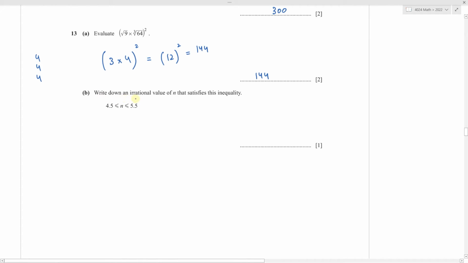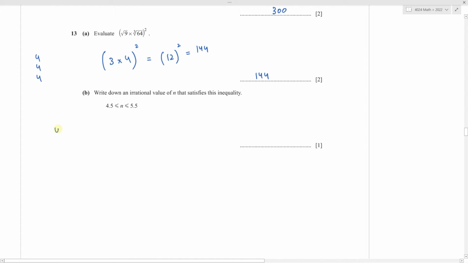Part B is write down an irrational value of n that satisfies this inequality. So an irrational number is a number that cannot be represented as a fraction. So usually we take numbers that are not perfect squares. If you take the square root, you get an irrational number. So your n lies between 4.5 and 5.5.